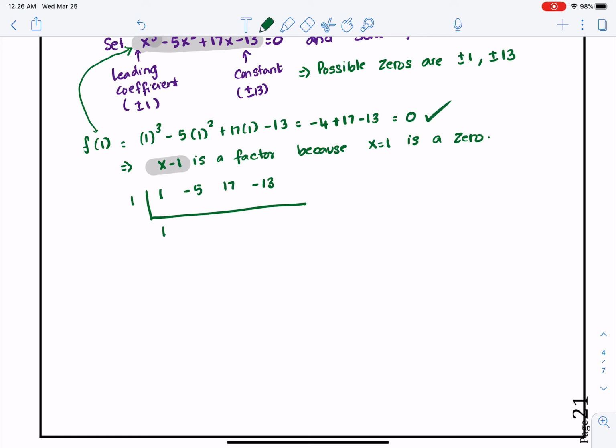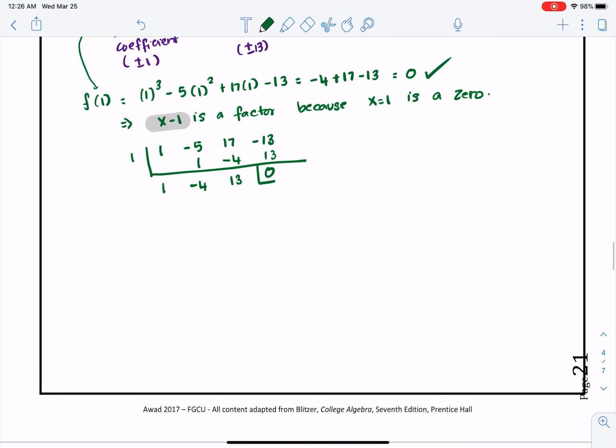So 1 comes down. 1 times 1 is 1. Negative 5 plus 1 is negative 4. 1 times negative 4 is negative 4. 17 minus 4 is 13. 1 times 13 is 13. And when we add, we get 0. So the quotient here is x squared minus 4x plus 13 equals 0.